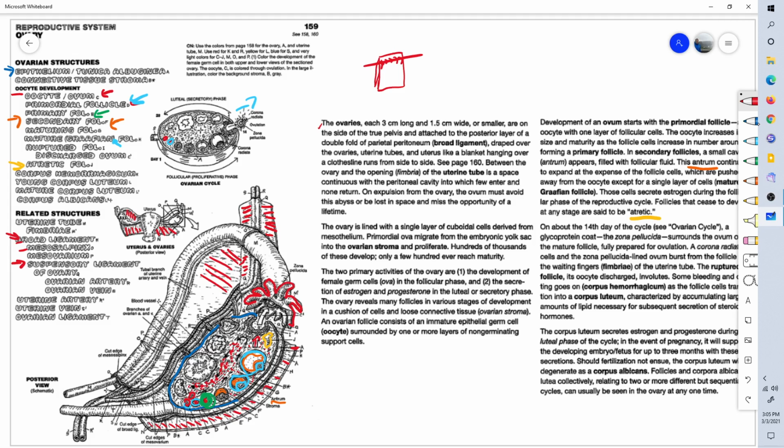The ovum travels to this area right here and expels the egg, here it is right here, and the fimbriae grab it and take it into the fallopian tube to head down toward the uterus.